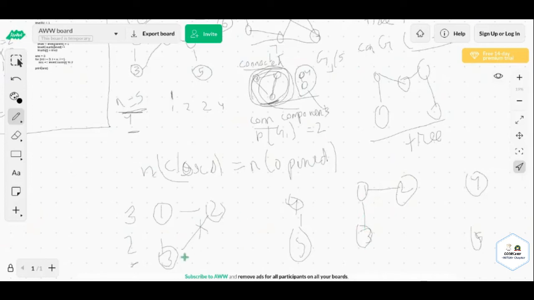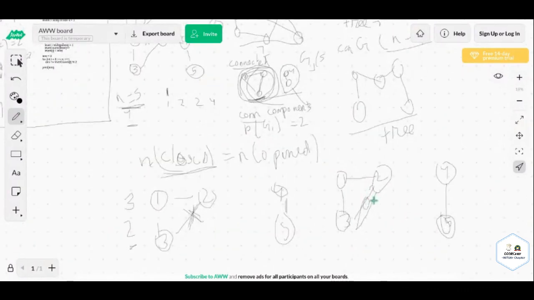Now an edge comes between 2 and 3, but we know that 2 and 3 are connected already, so we don't need this edge, right? So this road can be closed. So we push this edge to the array of closed edges. Okay, and then comes an edge between 4 and 5. 4 and 5 are disconnected, so we can connect them. Now let's say if another edge comes between 4 and 5, we say that 4 and 5 are already connected, so we can push that to closed.